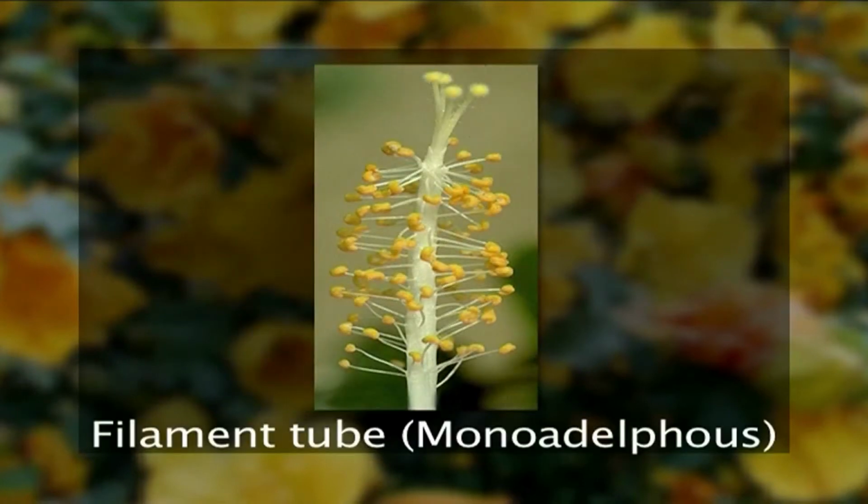The filaments of the stamens are usually fused together. This fusion can be as a tube. This tube surrounds the gynoecium. This characteristic feature is called monadelphous, which is unique to the Malvaceae family.